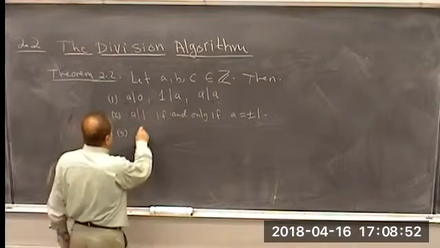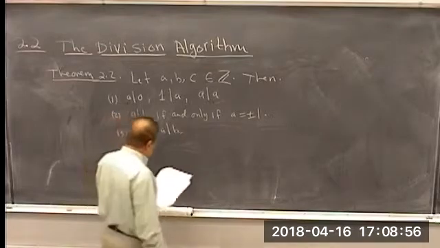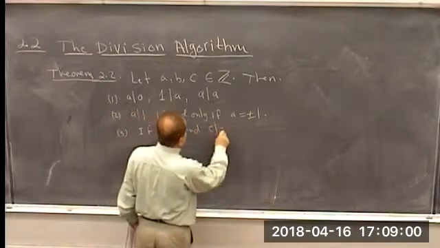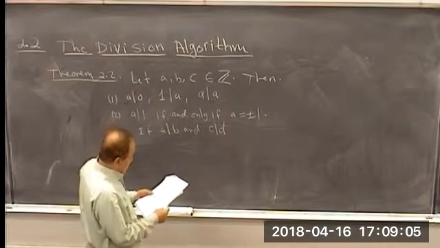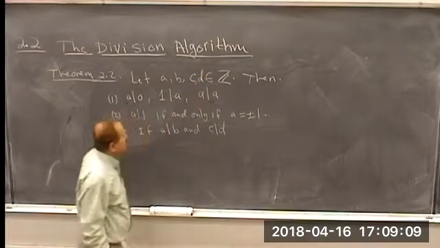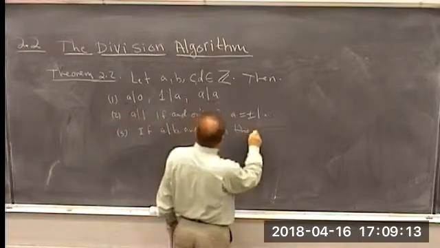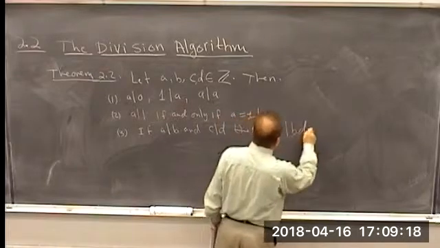We have if A divides B and C divides D, so we might have another event here, maybe A, B, C, D, all right? Then I can sort of multiply, then AC divides BD.